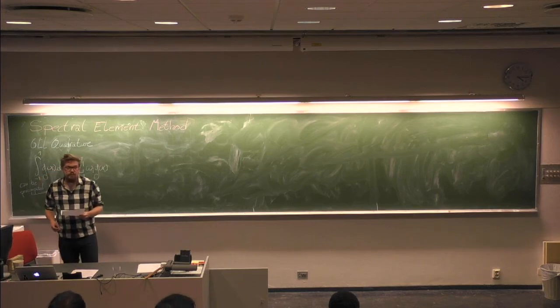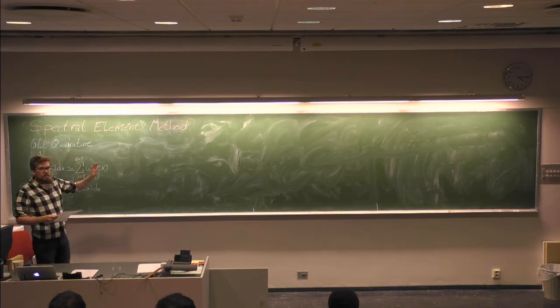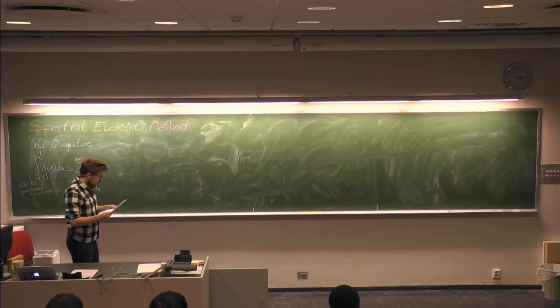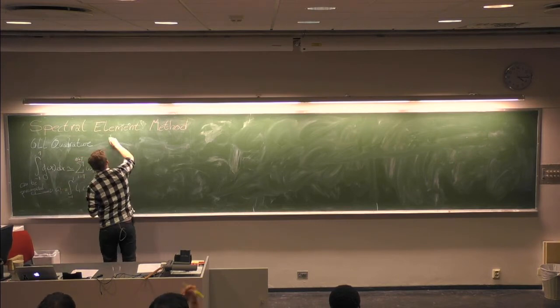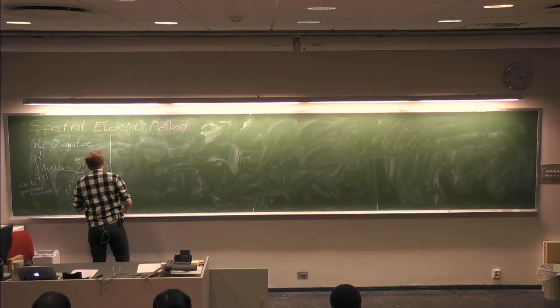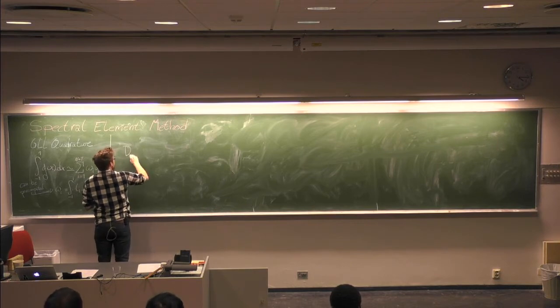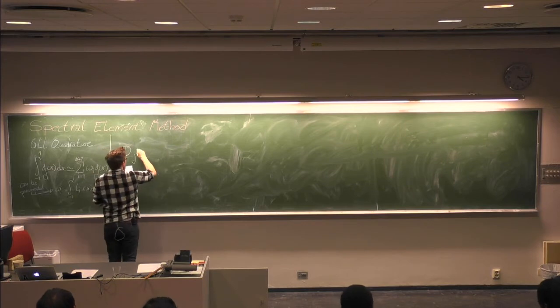Okay, so this is the integral approximation, but as you saw, we still have some derivatives to compute. So now we're going to introduce a big D_ij, which is a matrix that again can be pre-computed.